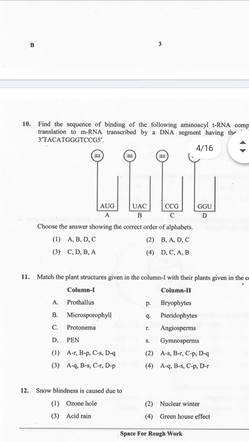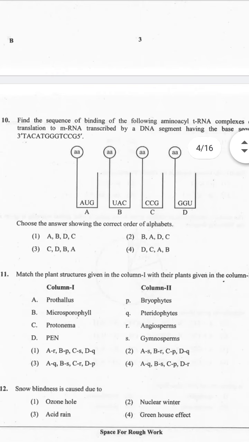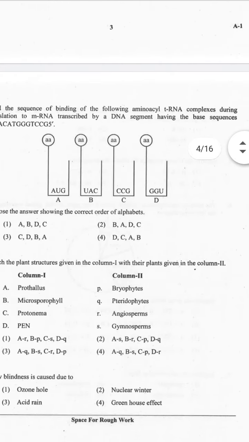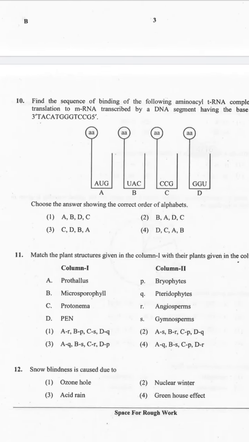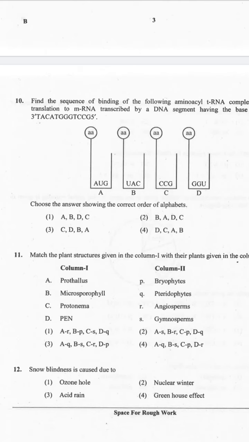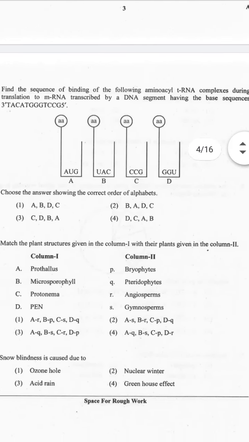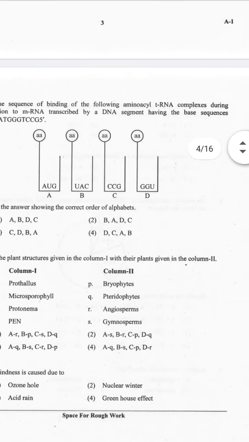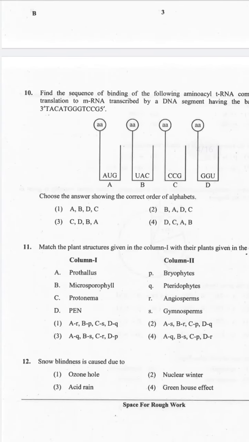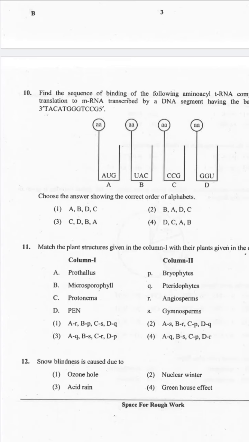Find out the sequence of binding of the following amino acid tRNA complexes during translation to mRNA transcribed by a DNA segment having the base sequence, 3' to 5' as follows: TACA, TGGG, TCCG 5'.